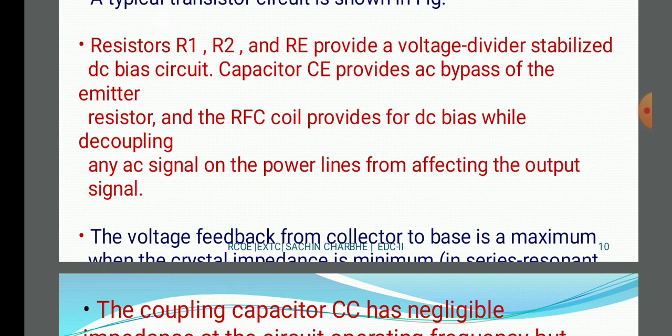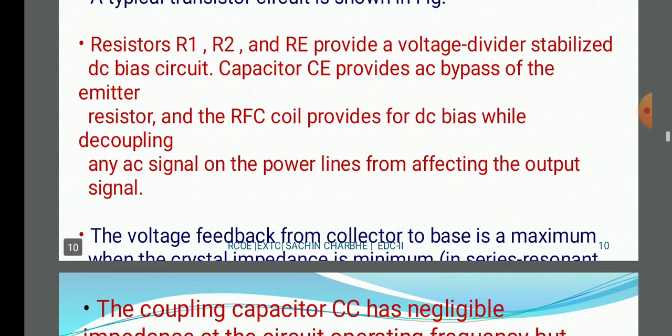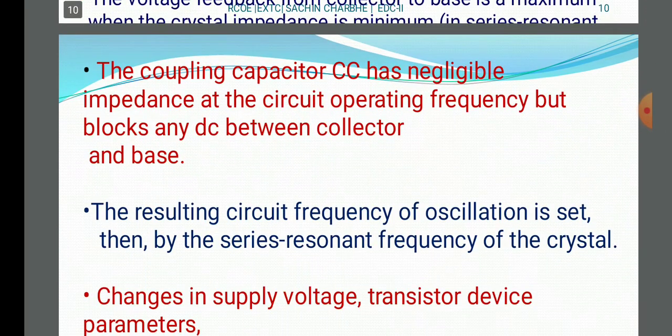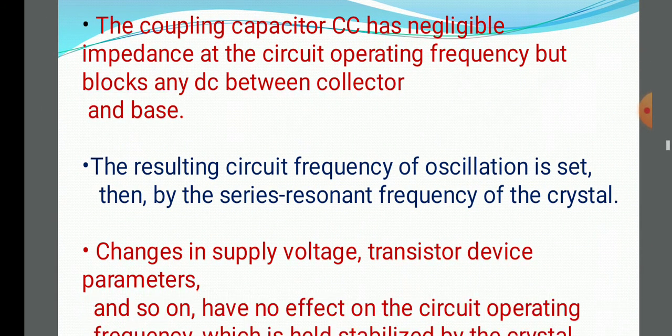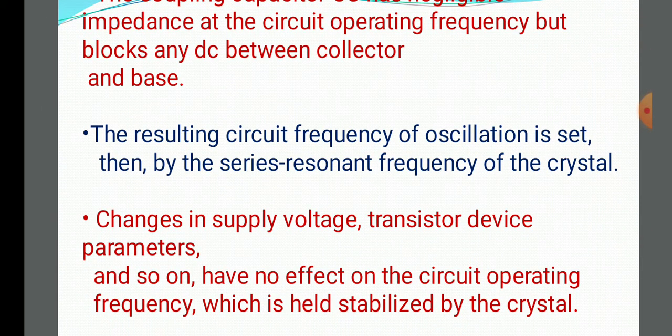The collector-to-base feedback is maximum when the impedance is minimum. The coupling capacitor CC has negligible impedance at the circuit operating frequency, but blocks any DC between collector and base.